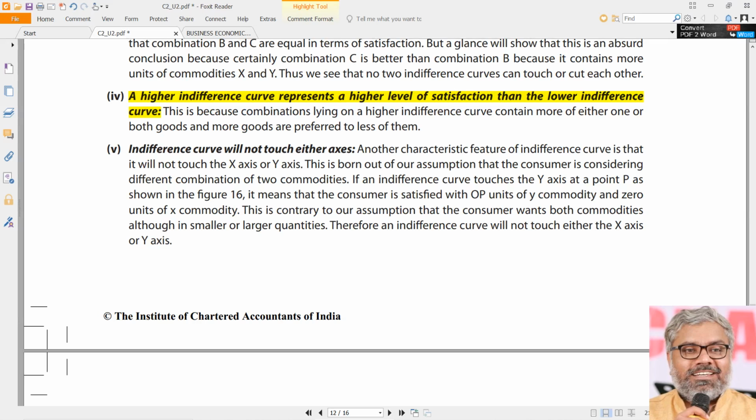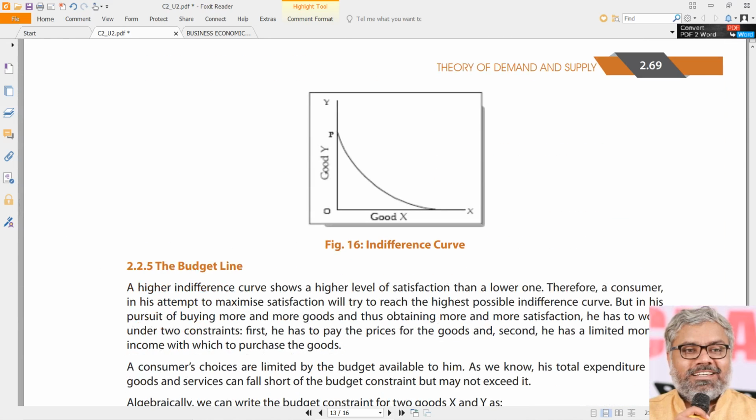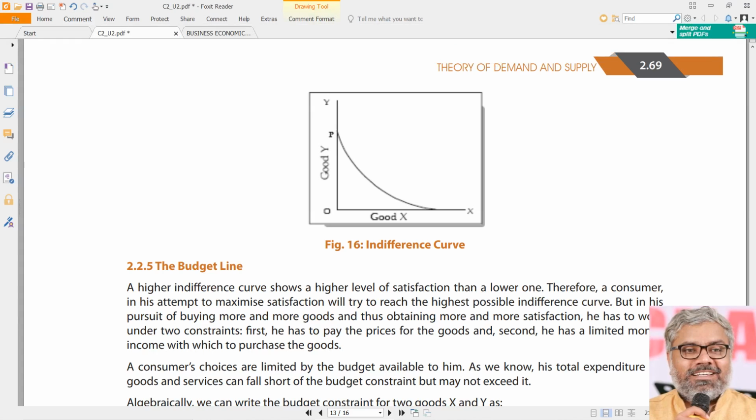And another important characteristic to notice: the indifference curves will not touch their axes. Ideally, no, they should not. Because the concept of an indifference curve itself is about combinations. Imagine if there is an indifference curve whose line touches any of the axes, let us say this point or this point.